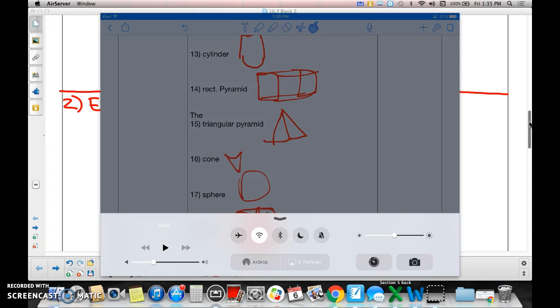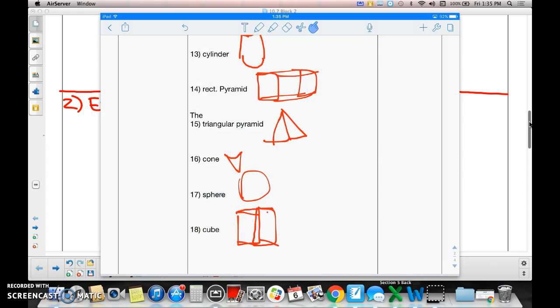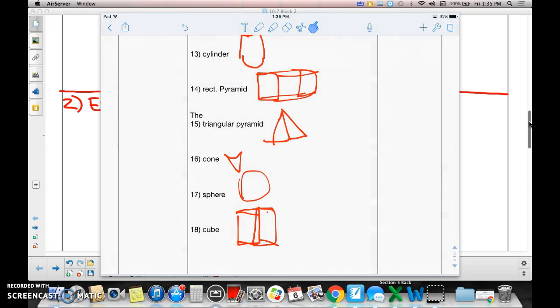A figure with a polygon base and triangular faces that meet at the same point called a vertex. So what do you think the polygon base is going to be in a rectangular pyramid? Rectangle. It's going to be a rectangle.